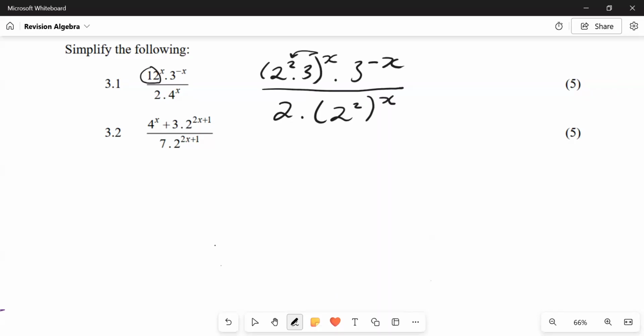From here, let's distribute exponent x. So you'll end up with 2 to the power 2x, 3 to the power x times 3 to the power negative x, all divided by what? All divided by 2 times 2 to the power 2x, right?